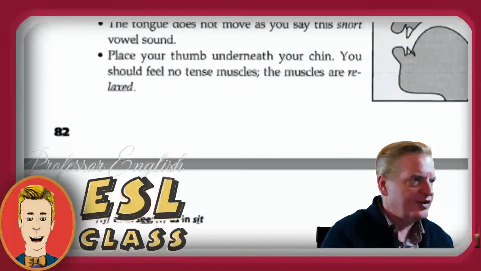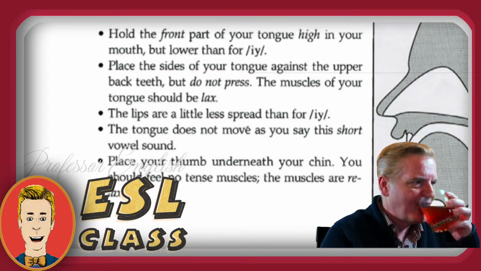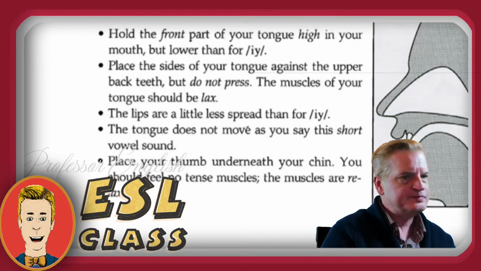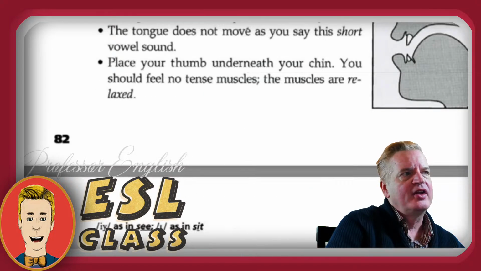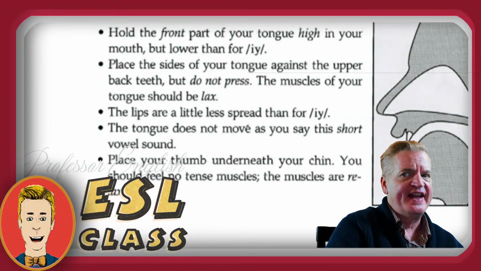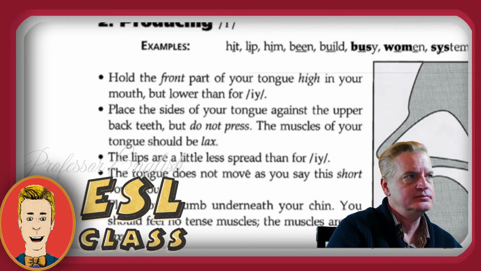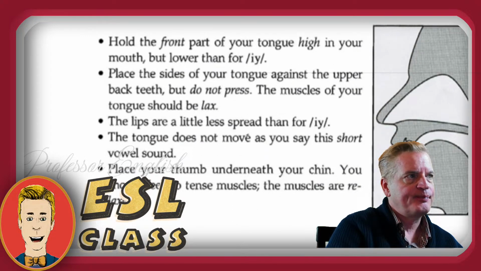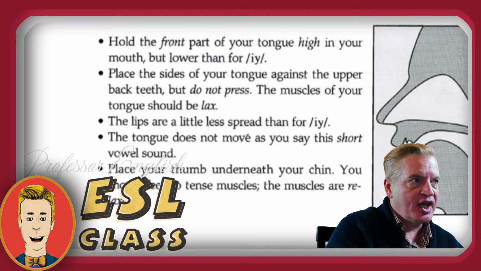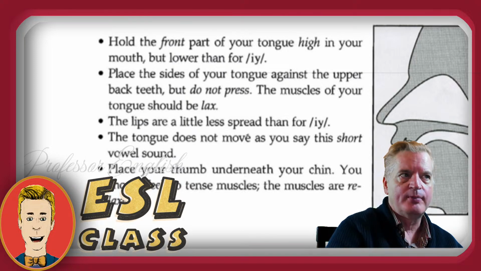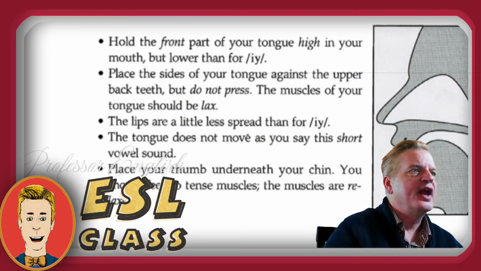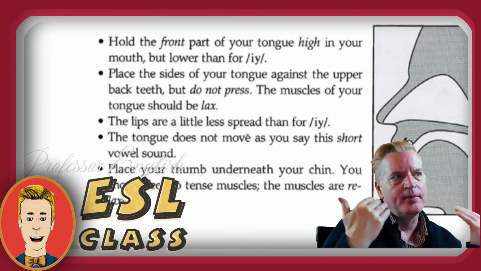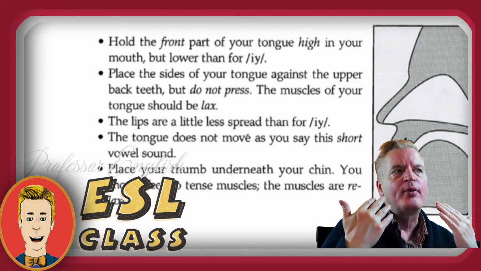So let's take a look at our pronunciation chart. Okay, so we're doing intimate. In-ti. We've got that sound 2 times. In-ti. So if we want to make the I sound, you should hold the front part of your tongue high in your mouth, but lower than for E, and place the sides of your tongue against the upper back teeth, but do not press.